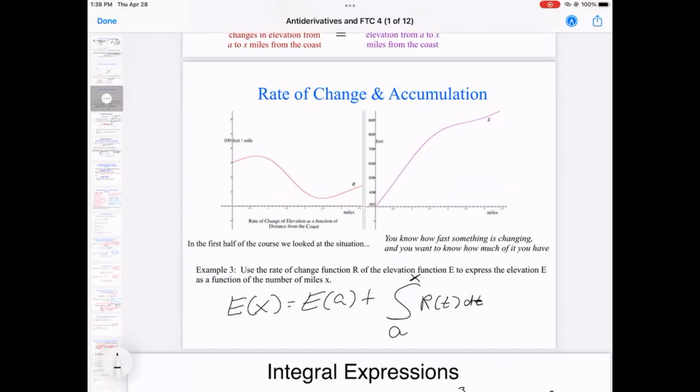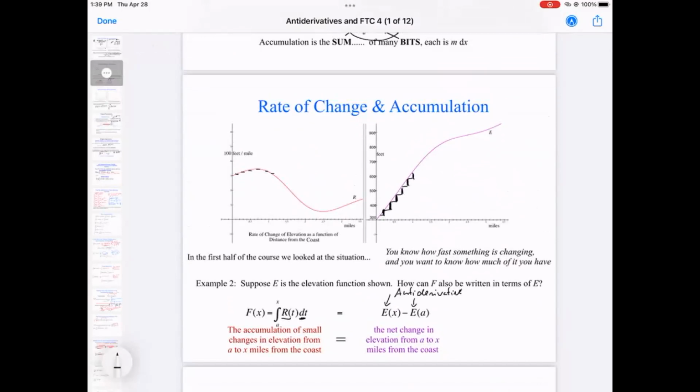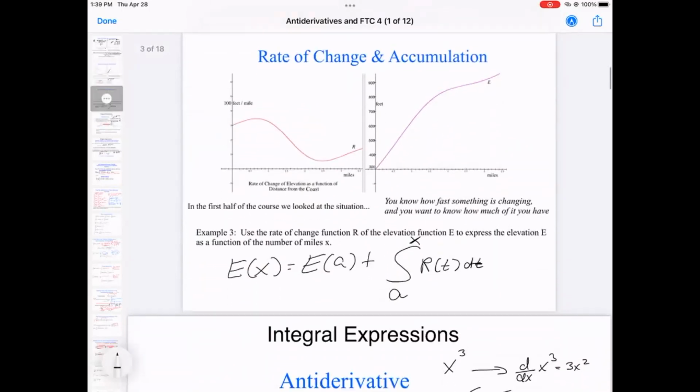From the rate of change, if you integrate the rate of change function, you could find out how much the function value changes, which is what we call the relation to the rate of change function: it is an antiderivative. And from here, we could actually find out the function value, the elevation as a function of x.